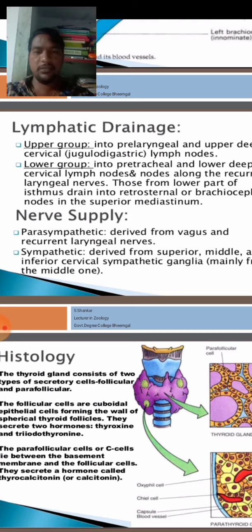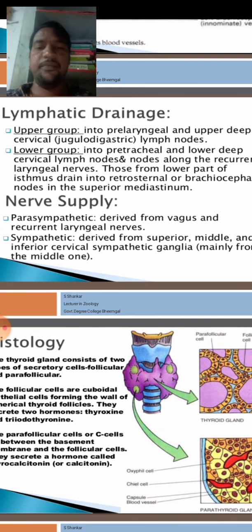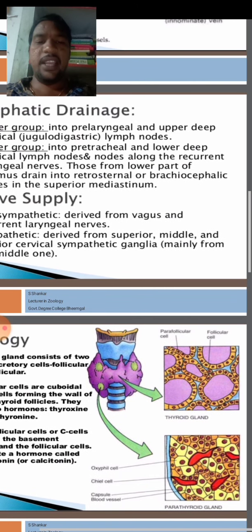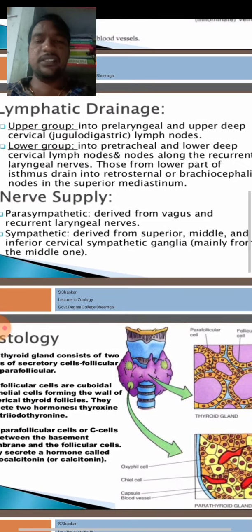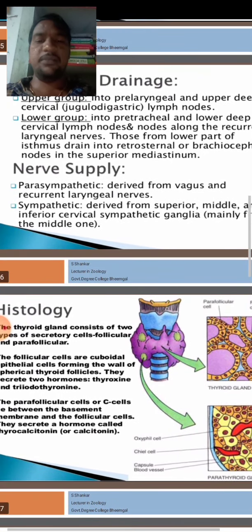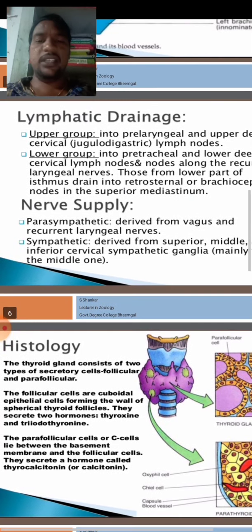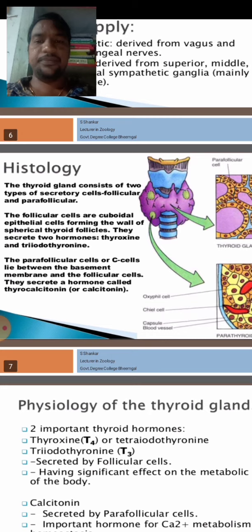Sympathetic fibres are derived from the superior, middle and inferior cervical sympathetic ganglia, mainly from the middle one. That is nerve supply. Histology.